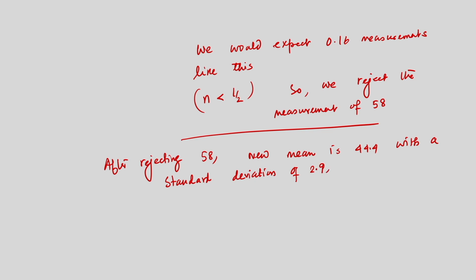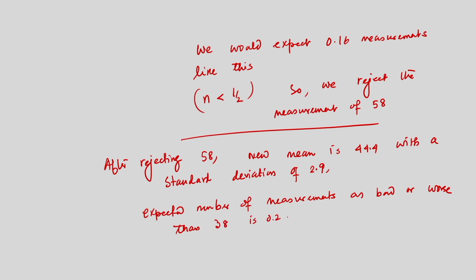If we follow similar steps, then the expected number of measurements as bad or worse than 38 is 0.244, and so we could reject that too.